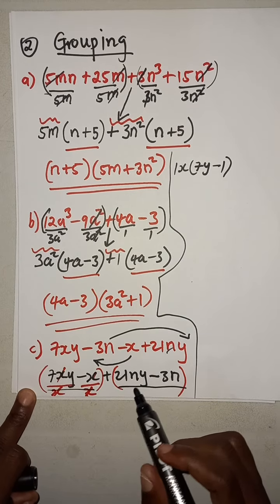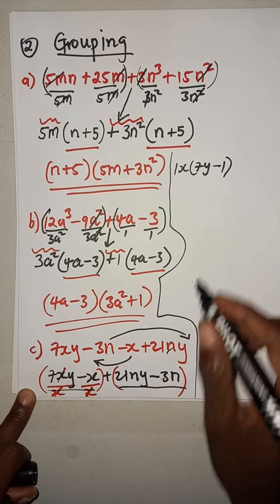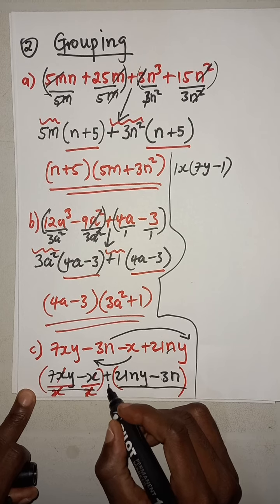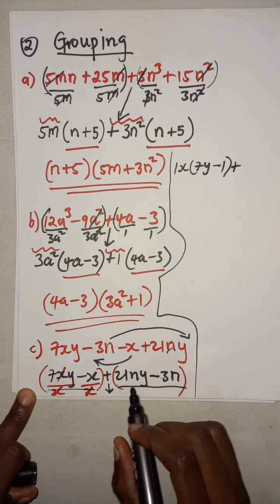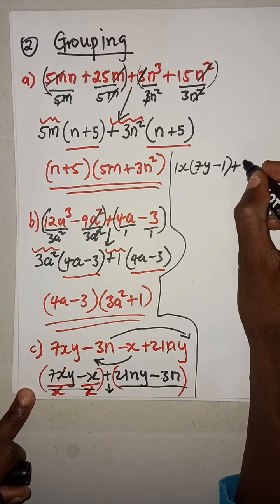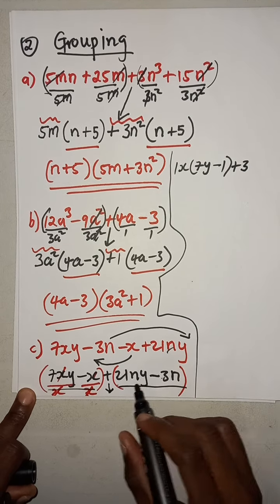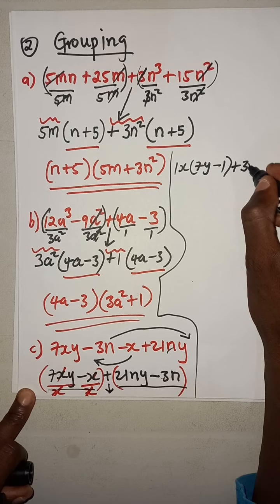Let me come here. The highest common factor of 21 and 3 is 3. Remember, we pull down this sign to come here. Then 21 and 3 is 3, and the letter appearing on both sides is n.